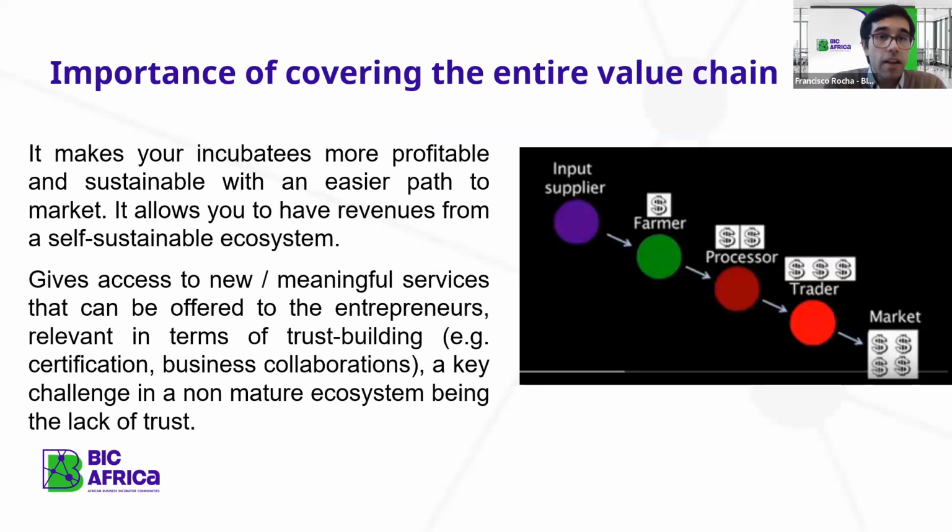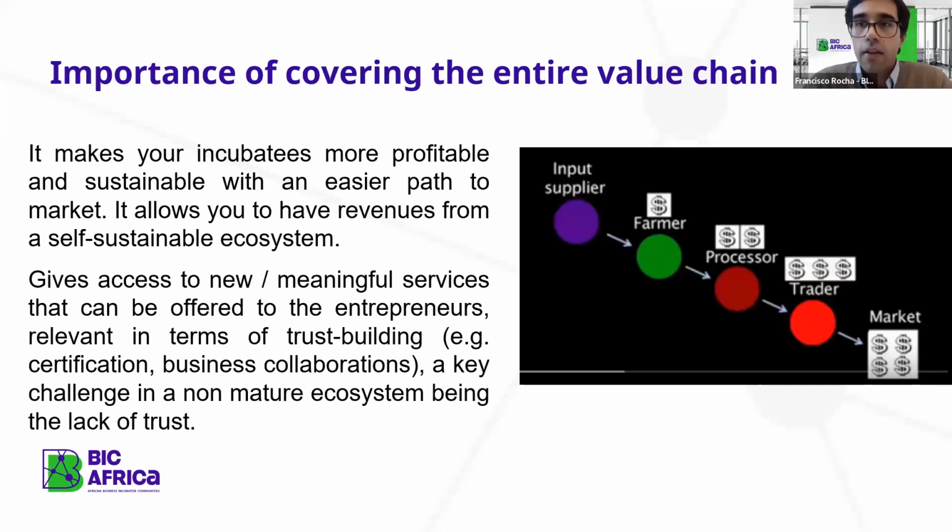And what happens, as shown in the next slide, is that it makes them more profitable at the end. If the incubator is able to address and involve this whole value chain, it makes the incubatees more profitable and more sustainable, because they have an easier path to the market. So this is just picking up an example again of the agriculture products ecosystem, from the input supplier to the farmer, to the processor, to the trader, and then to the market.